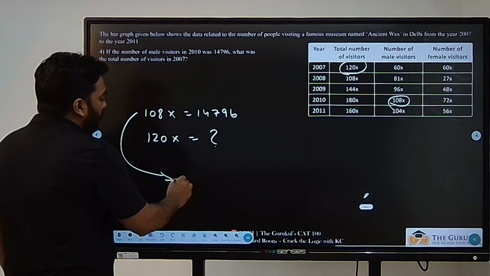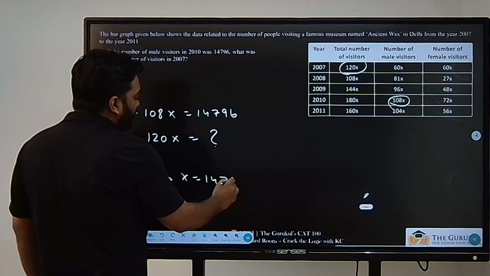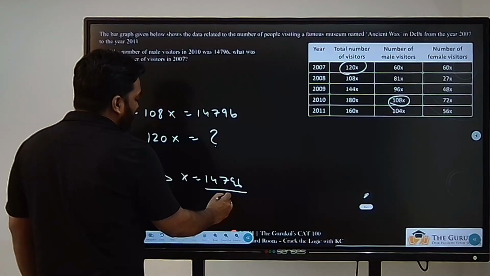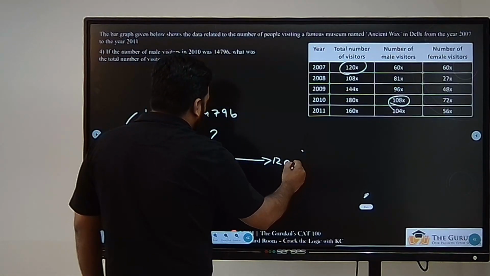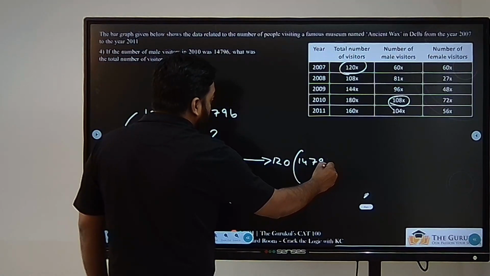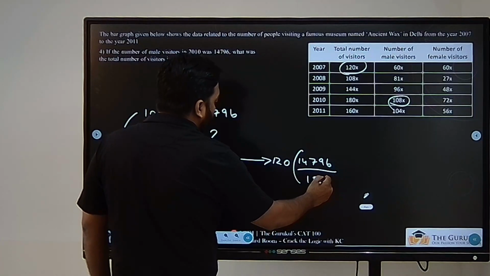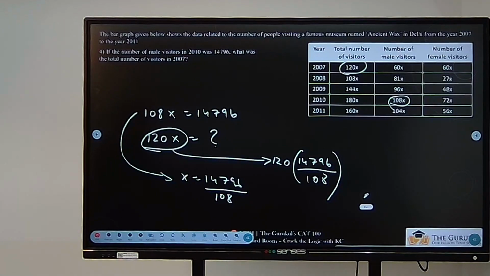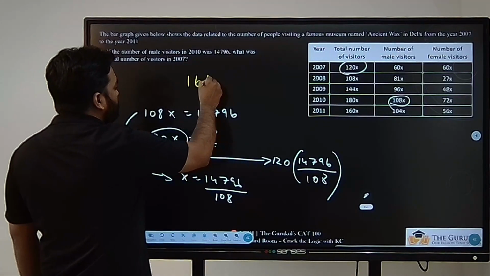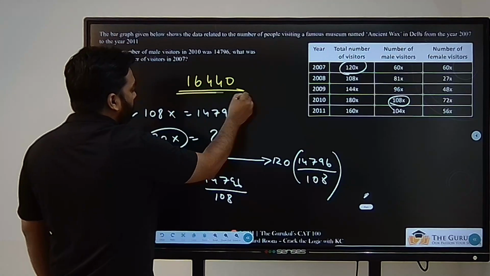So from this we can write x equal to 14796 by 108, and I want 120x value, which is 120 into 14796 by 108. It is just calculation based. Perfect. This will be 16440.